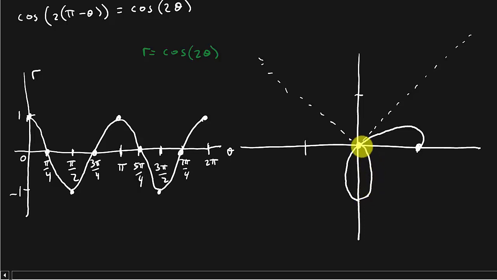And it's just going to continue in that pattern. As we move from 3 pi over 4 to pi, it's increasing from 0 to 1. And this is all you're doing. Look, it's just going to follow this pattern.